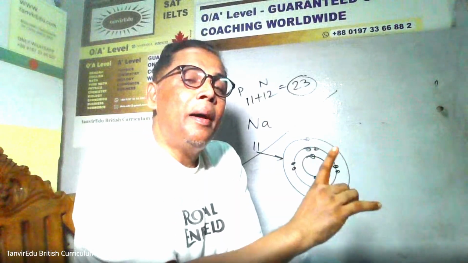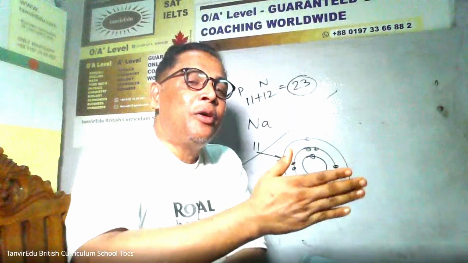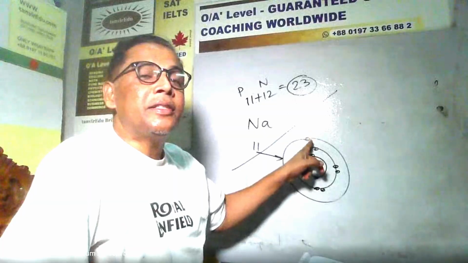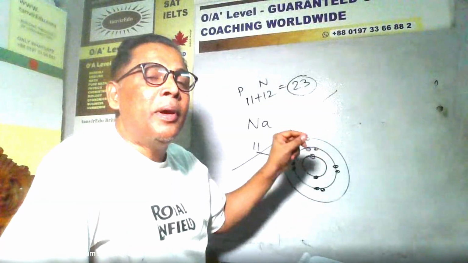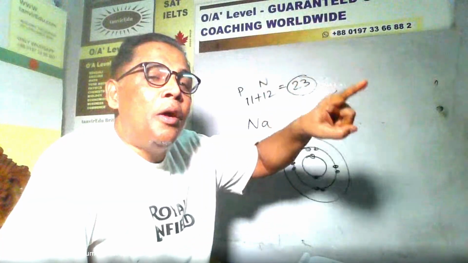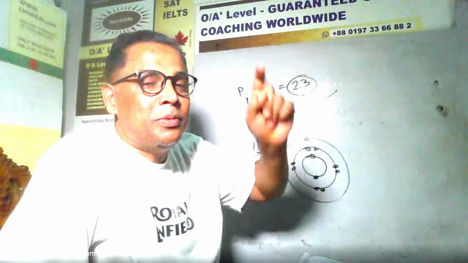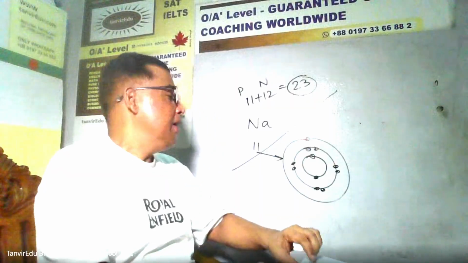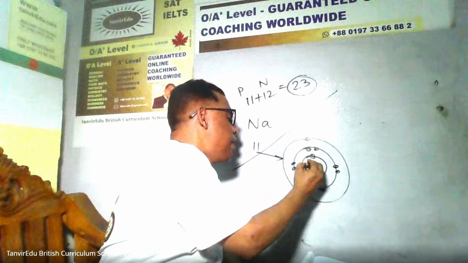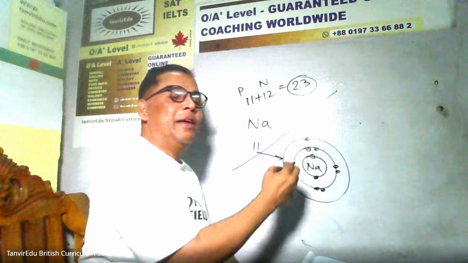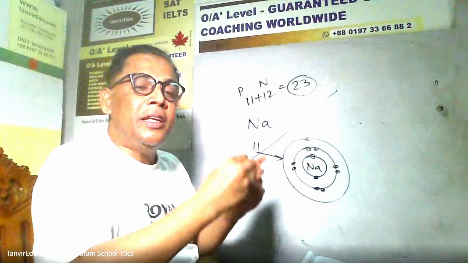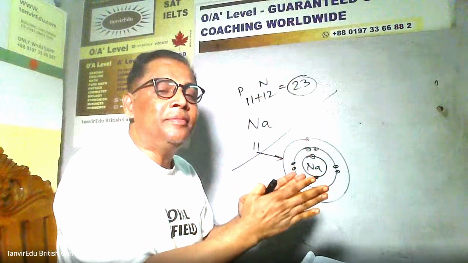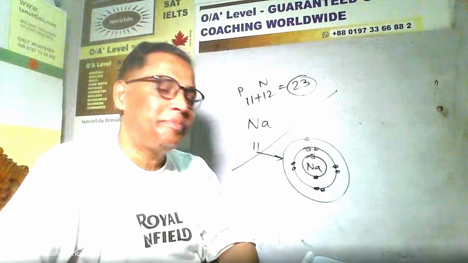So, the main point: the groups depend on the number of electrons in the outer shell of an atom. As you are watching, the outer shell of sodium has 1 electron. Definitely, sodium will be categorized in group 1.